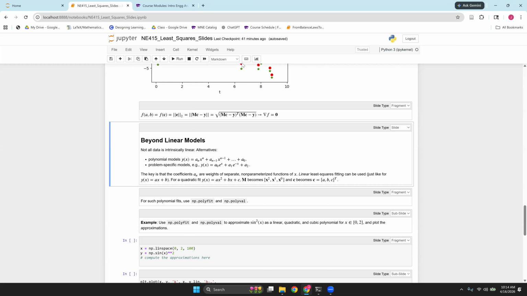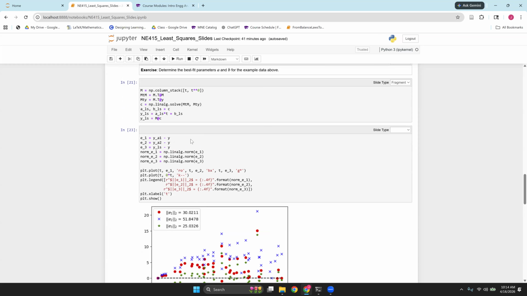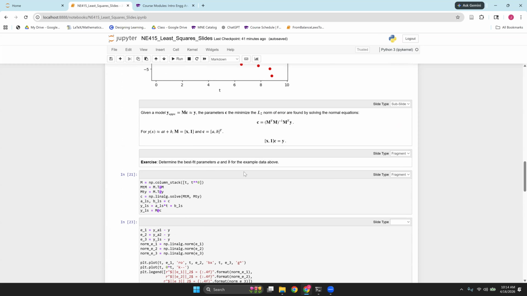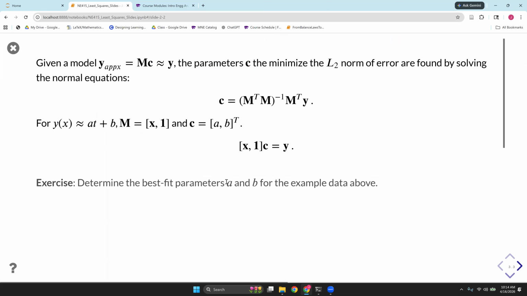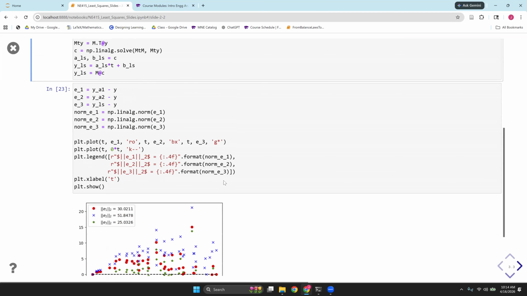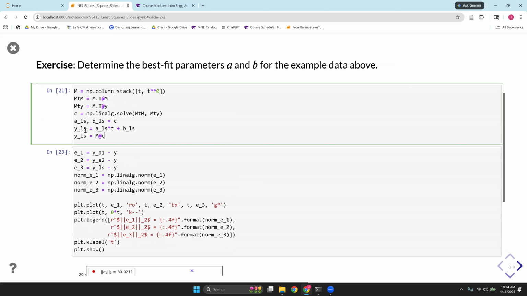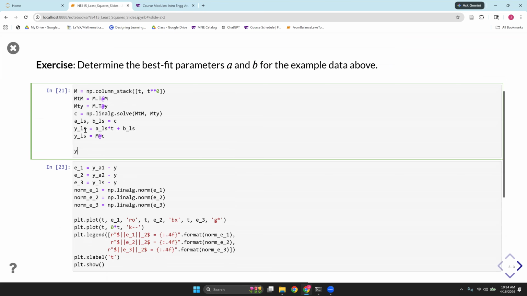One other thing that I will show you is that we can solve this using one other approach. Inside of NumPy, there's an additional solver specifically for solving least squares problems.